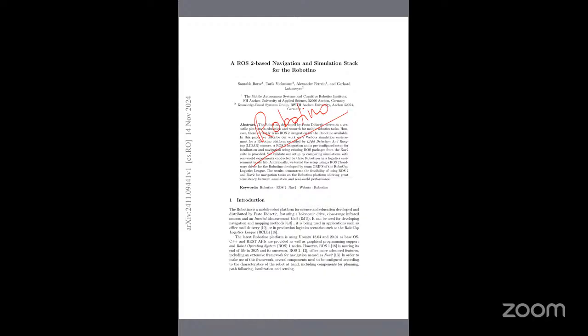Mainly, this Robotino is used in universities, robotics research centers, automation, industry 4.0, digital twin, warehouse automation, logistics, etc. The main use is in teaching as well as conducting research.